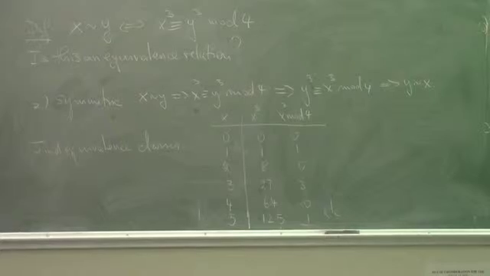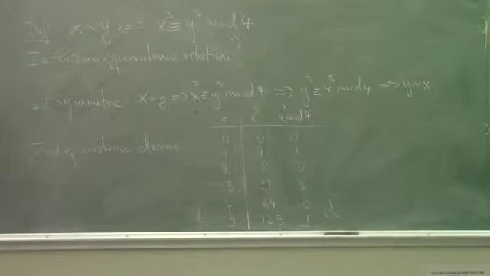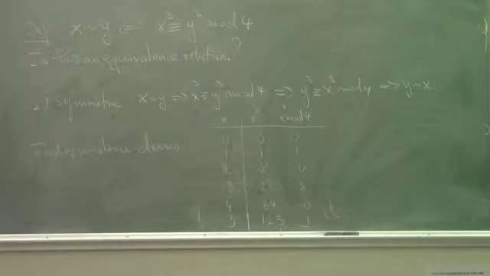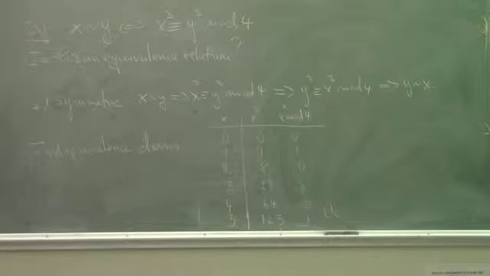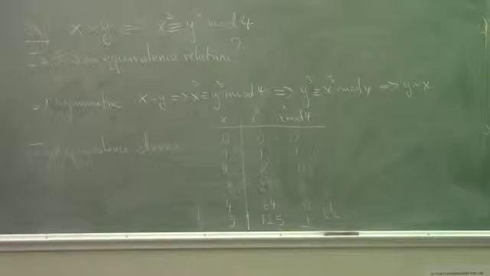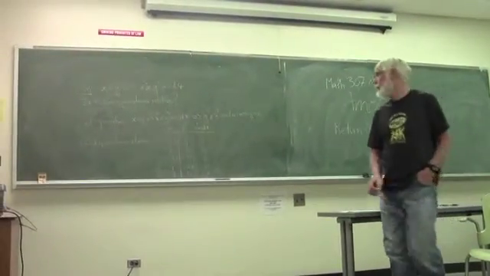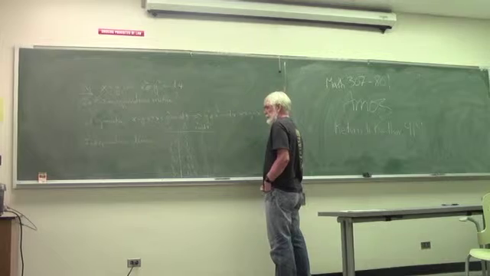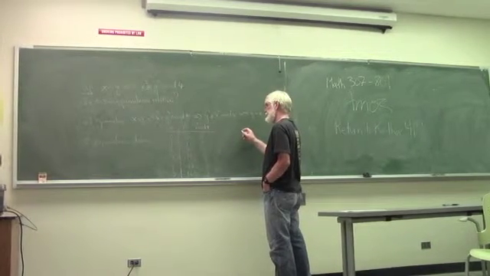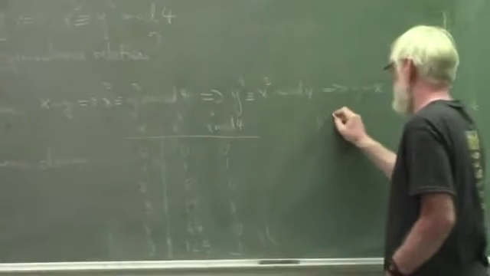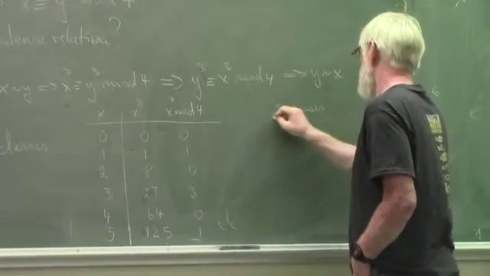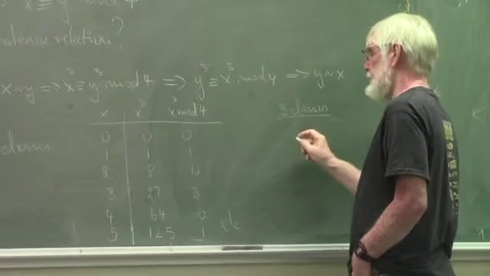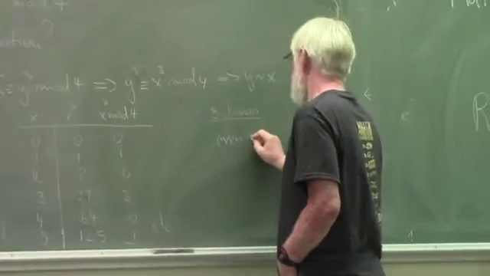So we ended up with 0, 1, 3. Two numbers will be the same if the third power has the same remainder, right? So we have three classes, even numbers.